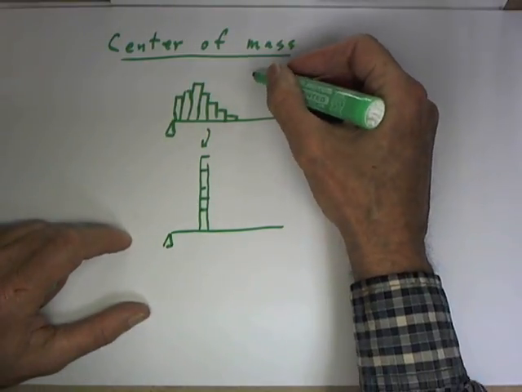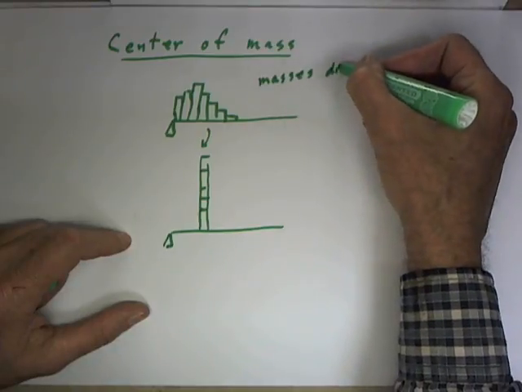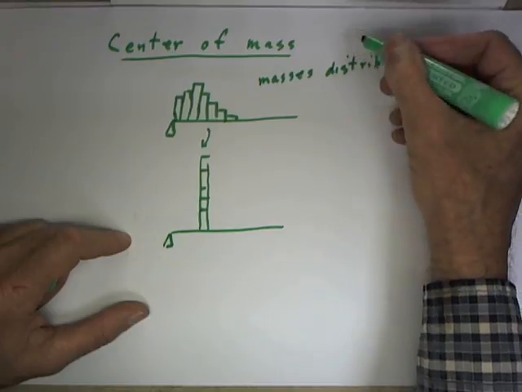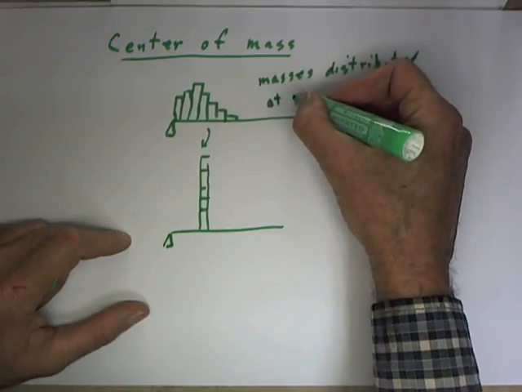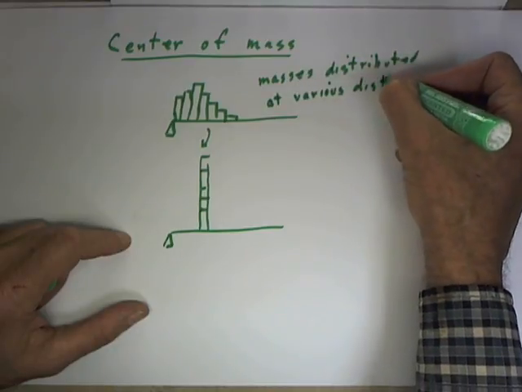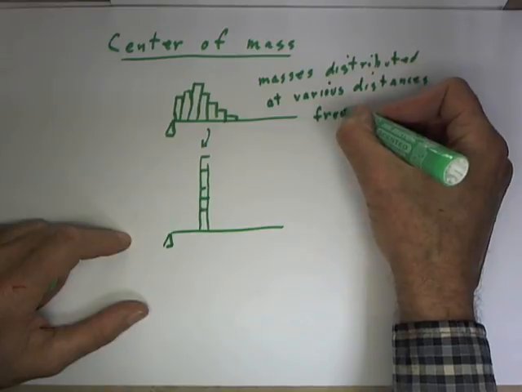So that we have masses distributed at various distances from our fulcrum.